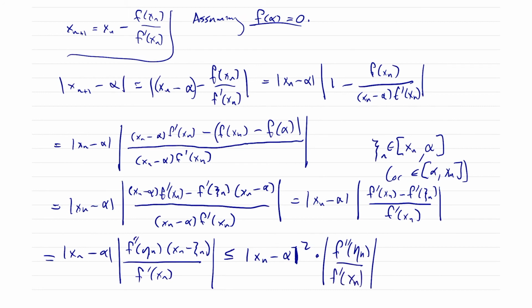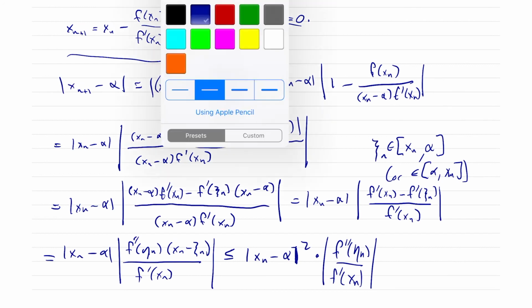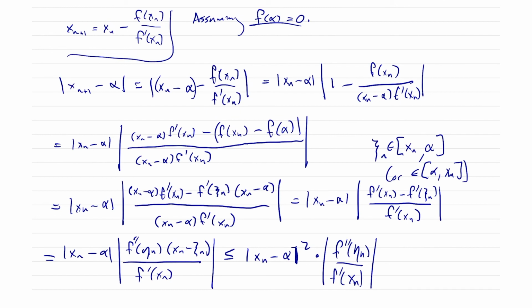Okay, well, that's good. Here again, I should note, let's put this on the side, eta n is between xn and cn, or the other way around, depending on the order.